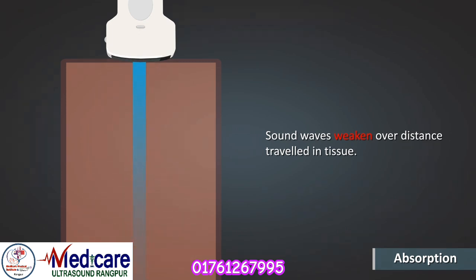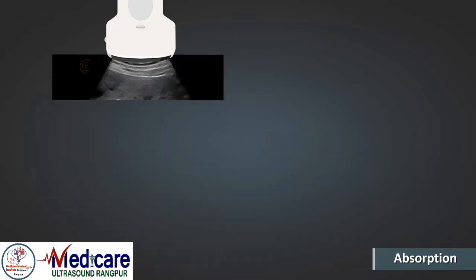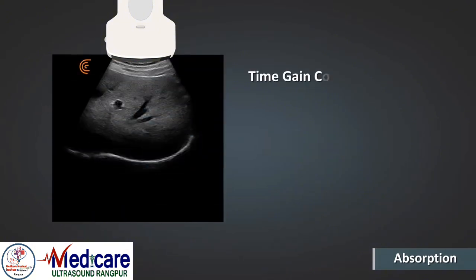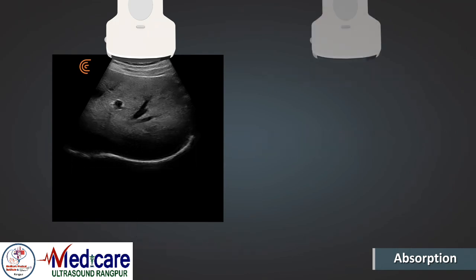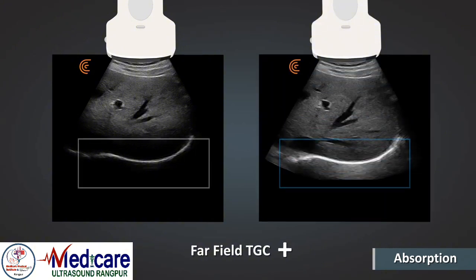Deeper structures can be more difficult to see with ultrasound as the signal attenuates. Most ultrasound systems compensate for weaker, deep signals by increasing the time gain compensation, otherwise known as TGC or gain, at deeper levels. Increasing the TGC or gain brightens deeper structures to improve visibility.